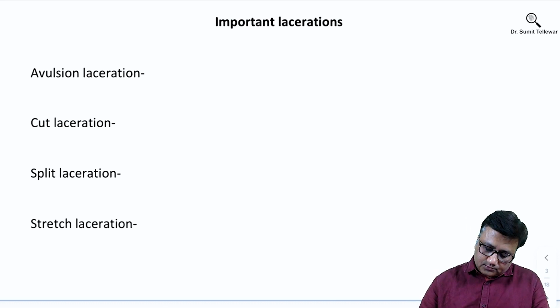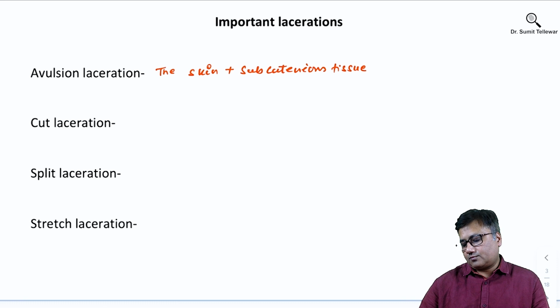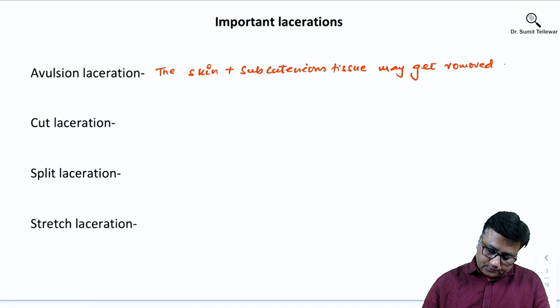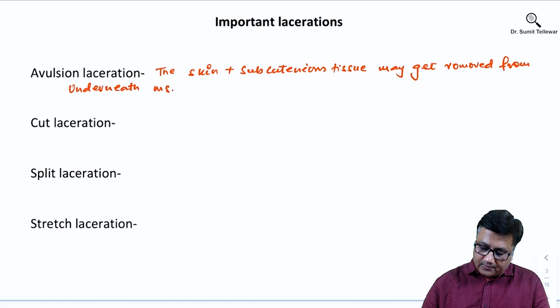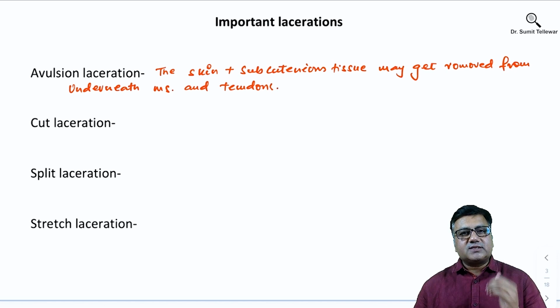Here, the skin plus subcutaneous tissue may get removed from underneath muscles and tendons, thereby exposing those muscles and tendons.